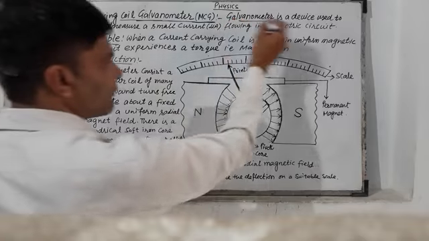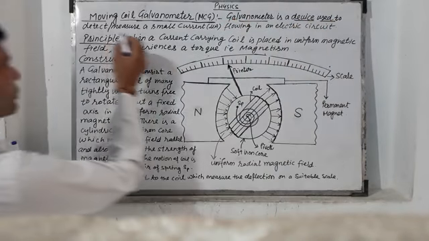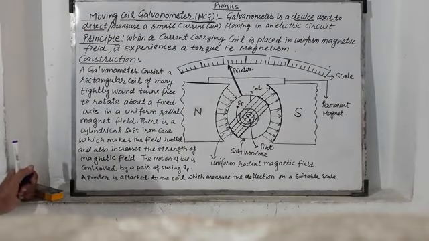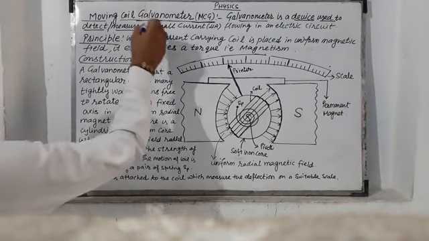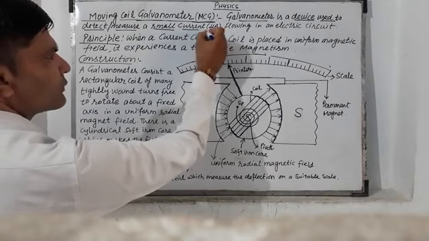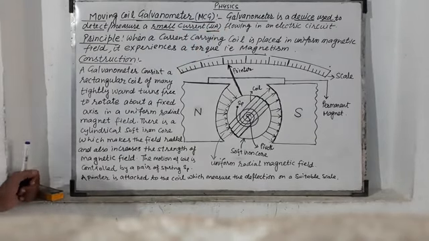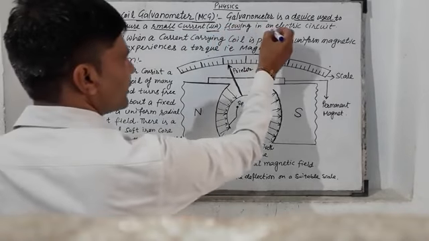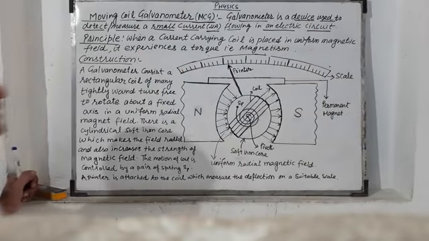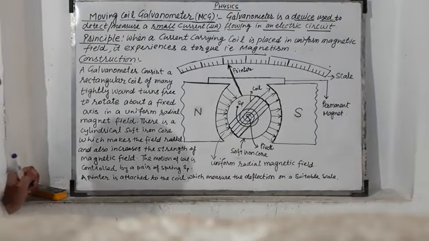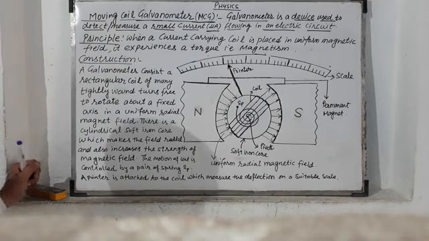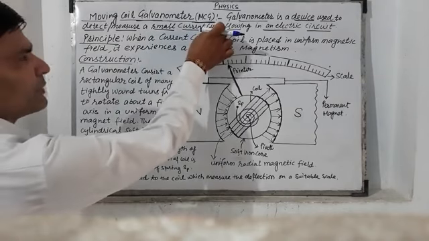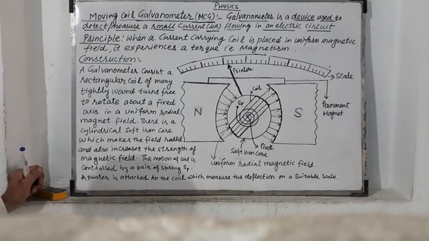A galvanometer is a device used to detect and measure a small current of the order of microampere flowing in an electric circuit. It may be of the order of microampere.